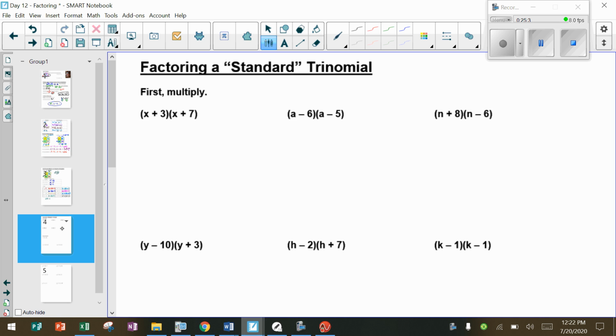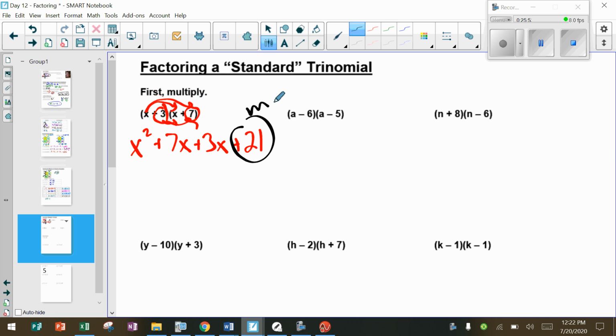So if we look at or practice using the box method or maybe the double distribute property, the FOIL, we get x squared plus 7x plus 3x plus 21. So 3 times 7 multiplied to be this last term of 21. And when you write your final answer, you would add the 7 and the 3 to get the middle value.